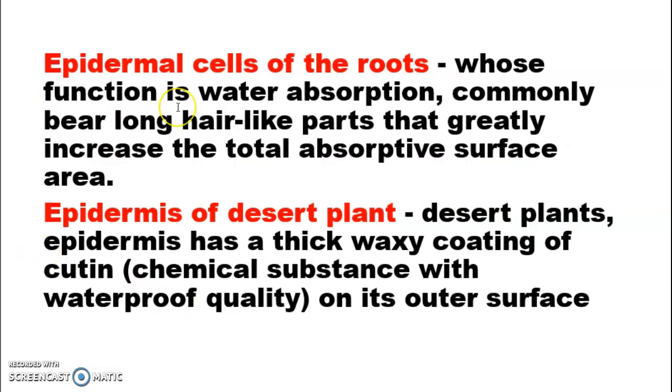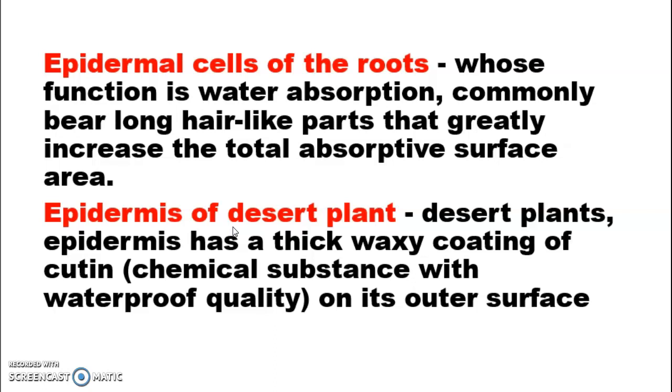Now, if we talk about the epidermis cells present on the roots, their function is to absorb water, and they have long hair-like structures that increase the total absorptive surface area of the root. And if we talk about the epidermis of desert plants, where water is very scarce, the epidermis has a thick waxy coating of cutin.